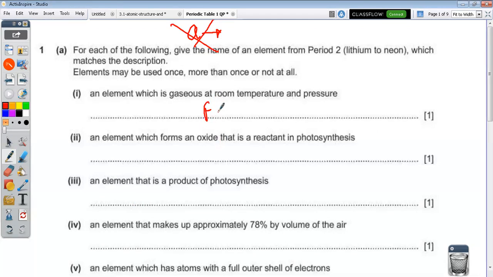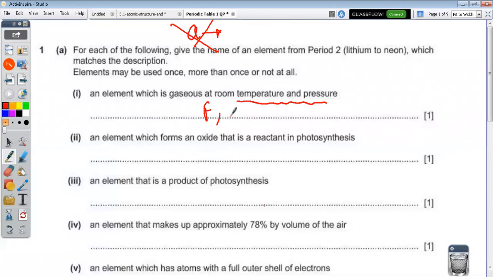What else besides fluorine in period two? Gas at room temperature. Give me all the gases. Period two gases, what else? Oxygen.